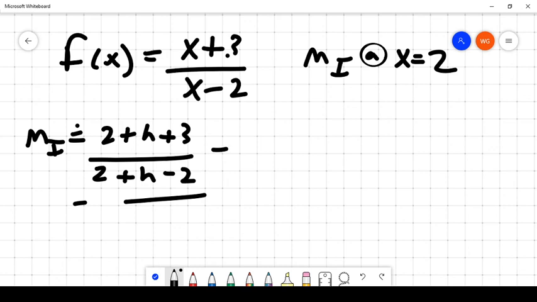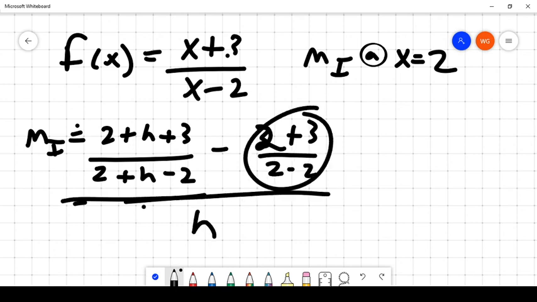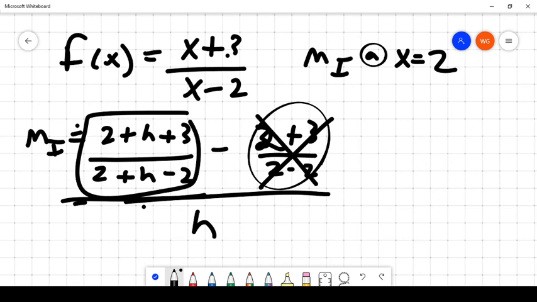So minus 2 plus 3 over 2 minus 2, all over h. But look, 2 minus 2 is 0. This is undefined. And now you can't just say, oh, I'll take all of this minus undefined. You can't do that. The whole slope becomes undefined.